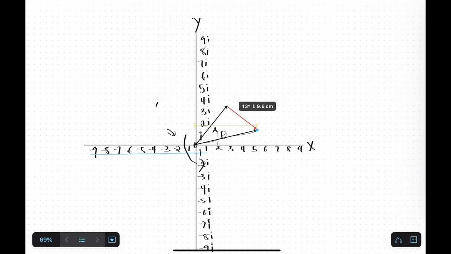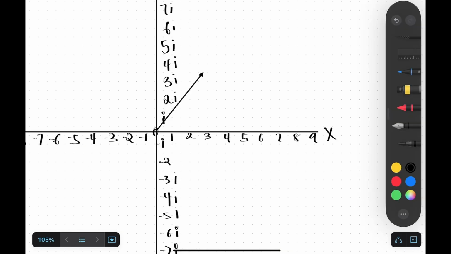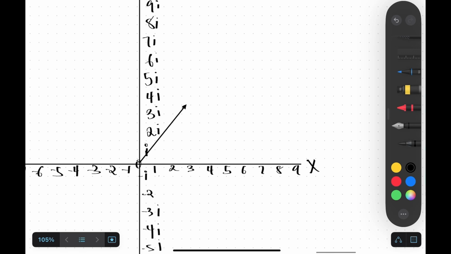To find the magnitude of a vector or complex number, let's make it into a triangle with its x and y coordinates.